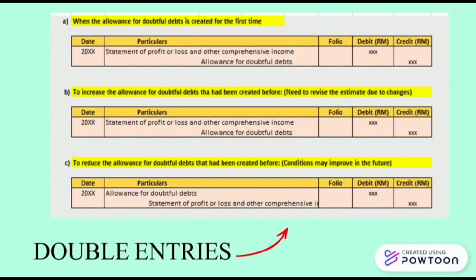Situation B uses the same concept as A, but this is when the current provision that we calculated is higher than the previous balances. Situation C shows the opposite concept, where we have to debit allowance for doubtful debts and credit the statement of profit or loss and other comprehensive income. This is because the new provision is lower, showing a decreasing trend from the balances in the trial balance.